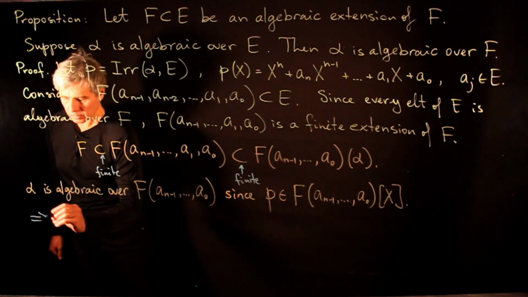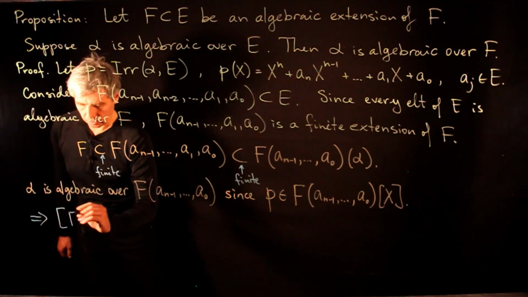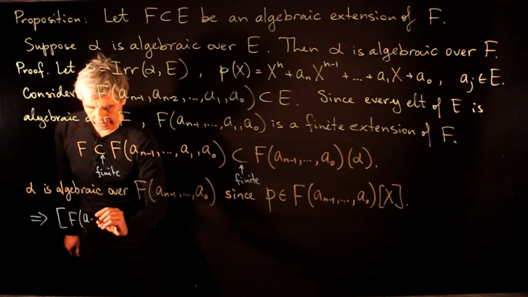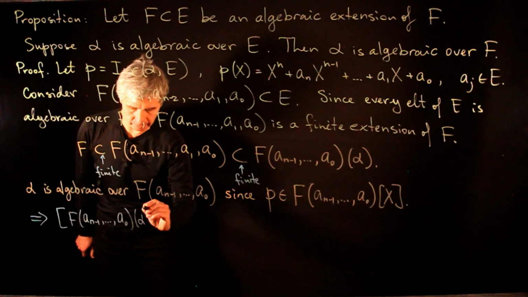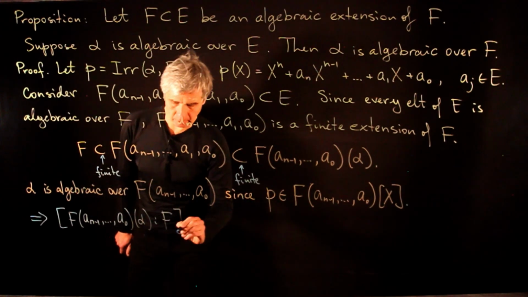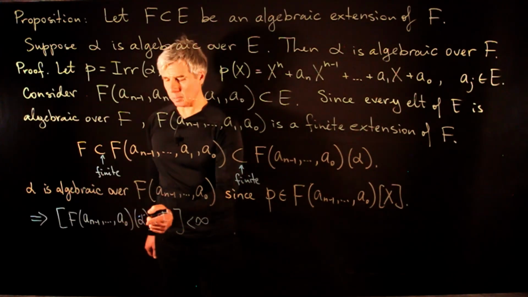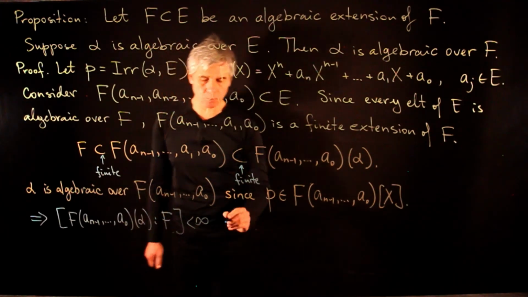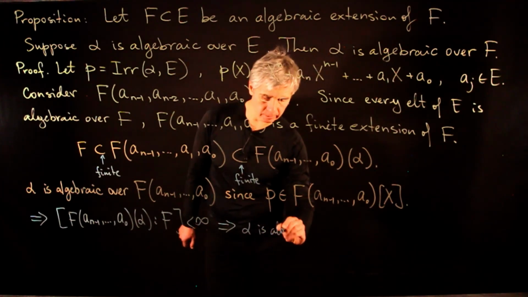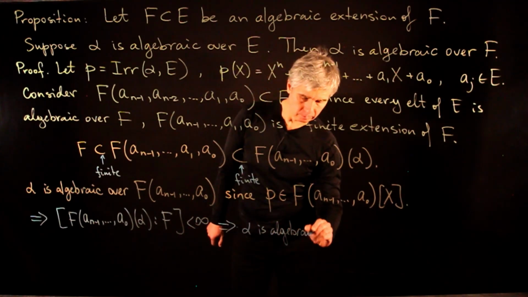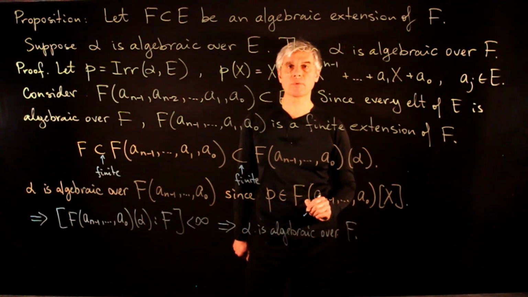So this tells us that this extension of F(a_{n-1}, ..., a0) with alpha over F has a finite degree, and every element of a finite extension is algebraic over F. From here it follows that alpha is algebraic over F. And this completes the proof of this proposition.